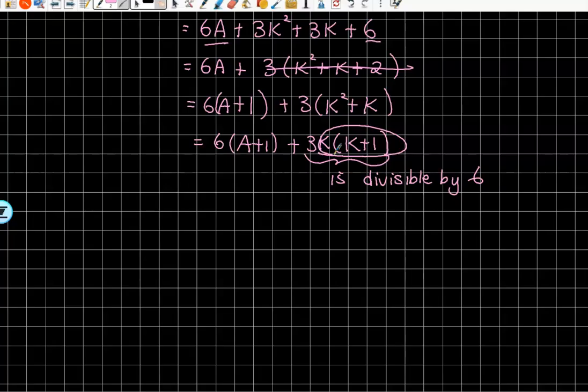Agreed? Now, you give me any number. 5. The next number is going to be 6, right? Isn't one of them even? So an even number times 3 is going to have to be divisible by 6, right? If you started with an even number. So you could just say that bit there is even, therefore the whole thing is divisible by 6.